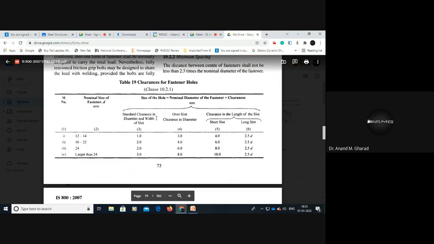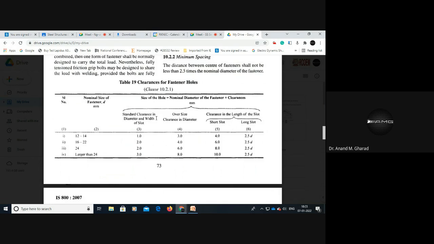As far as our study is concerned, we do not have to look into the oversized clearances and short slot and long slot right now. We will be only studying the standard clearances. First of all, let us try to understand how these standard clearances are maintained based on the different sizes or diameters of the bolts.